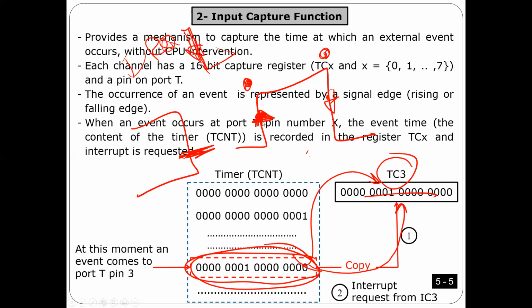Now you can capture both, as you will see right now. You get one interrupt here and one interrupt here. Once rising comes on the pin, the value of the timer is stored in one register, and then you go to the interrupt and take it. That's it. Very easy.